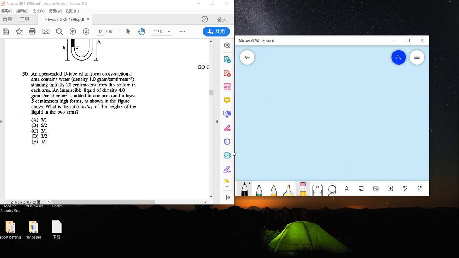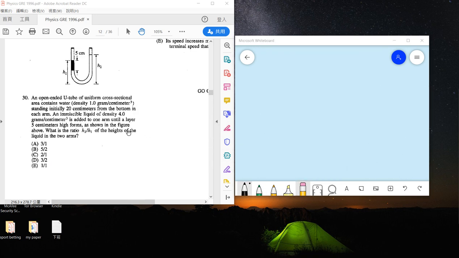Okay, for 30, an open-ended U-tube of unequal cross section, basically all you need to know is the pressure must be the same. This one is very easy. The pressure is rho g h, but what we need is just rho times h, because g can be cancelled.